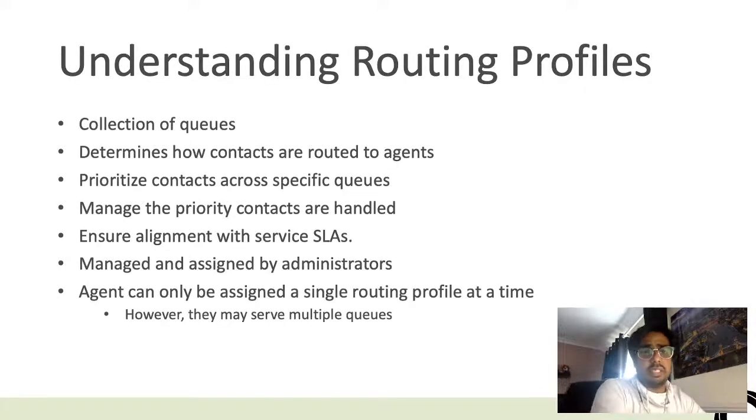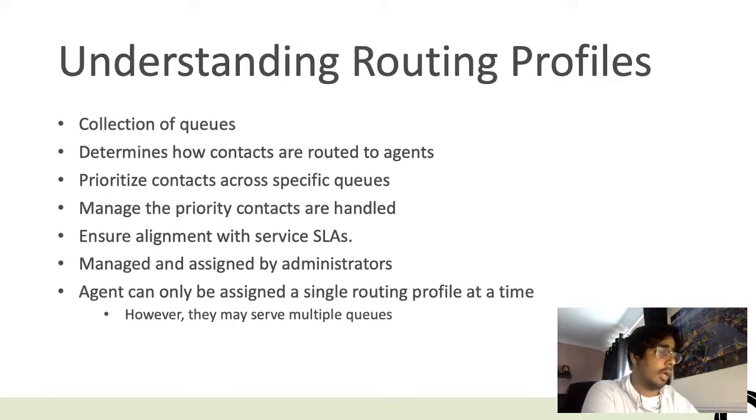Understanding the routing profiles themselves, as I mentioned before, it's a collection of queues, and you can determine how the contacts or the calls get routed to the agent. It's also a handy tool to prioritize the incoming calls, so you can adhere to the SLAs and keep up with the P1s that are coming into your call centers and need to be answered by the agents urgently or in an emergency.